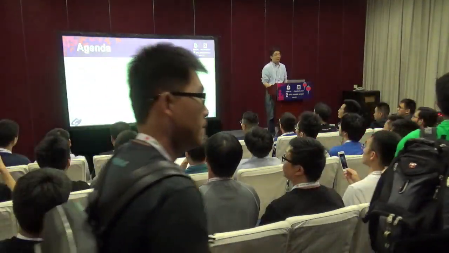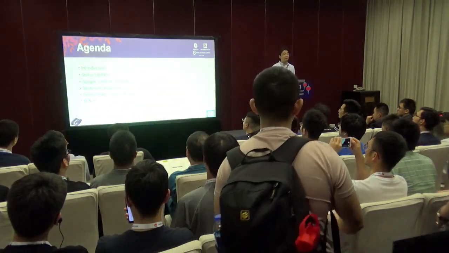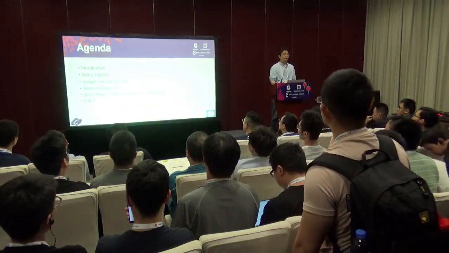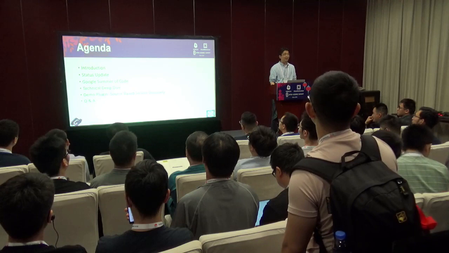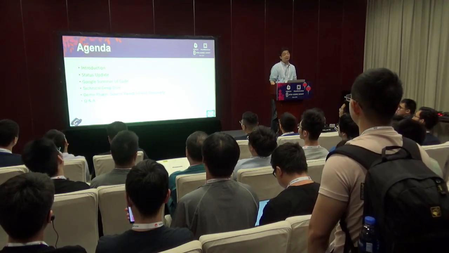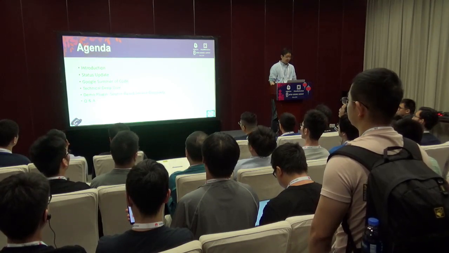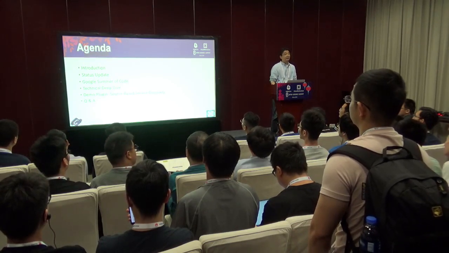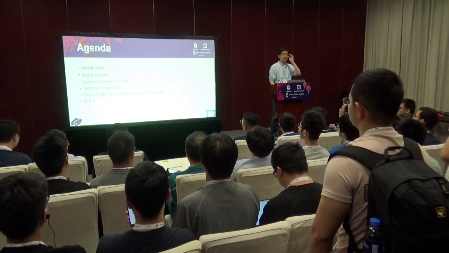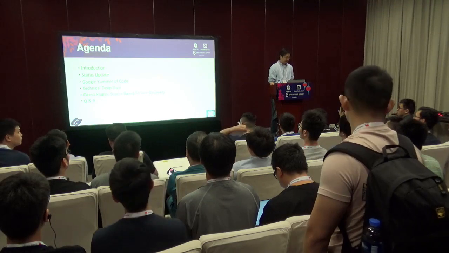Okay, so this is the agenda for today's talk. First of all, I'm going to introduce the CoreDNS project and some of its history and its functionalities. I'm also going to share the status update since last year. Next, it's going to be the discussion of Google Summer of Code involvement, which is one of the highlights of CoreDNS.